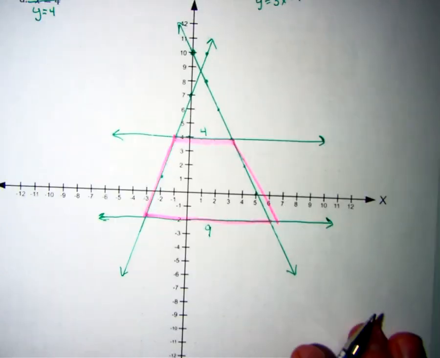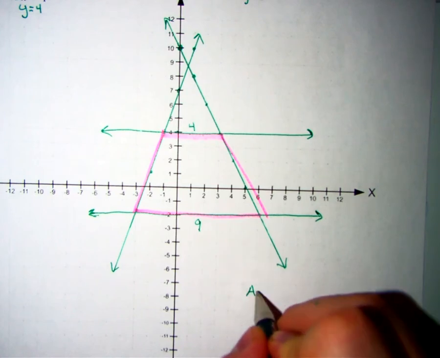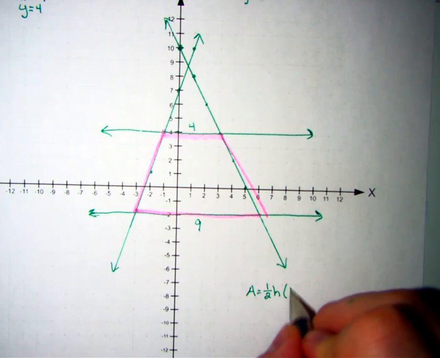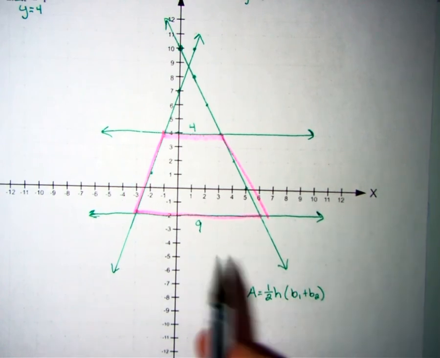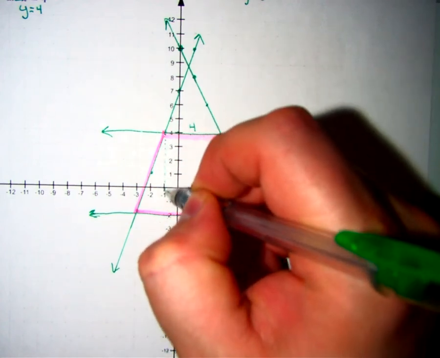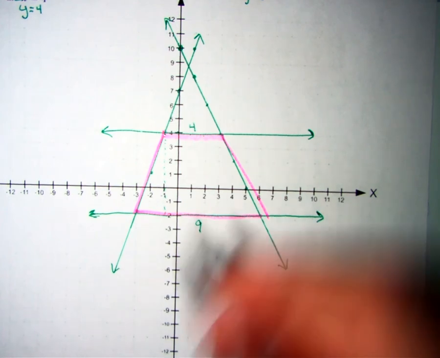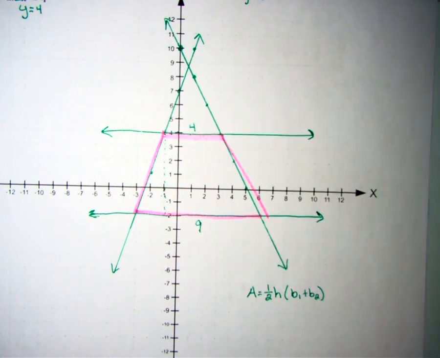And remember that our formula for area of a trapezoid is area equals 1/2 times the height times base 1 plus base 2. Well, we know our two bases, 4 and 9, but we don't know the height. The height is this perpendicular distance that connects the two bases. So we have 2 units get us up to the origin, 4 units then get us to the top of our trapezoid. It's a total of 6 units.